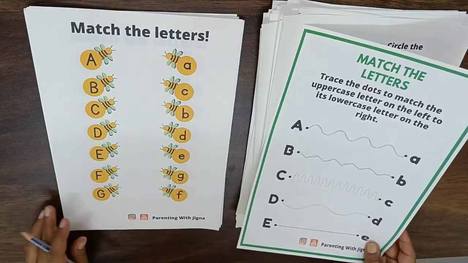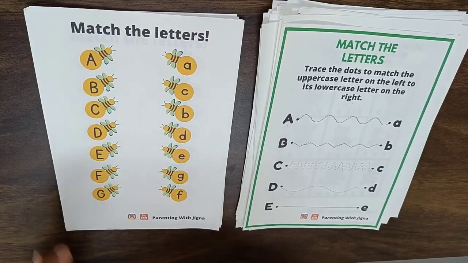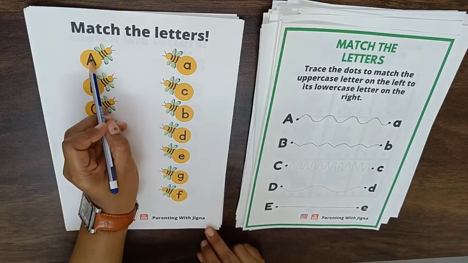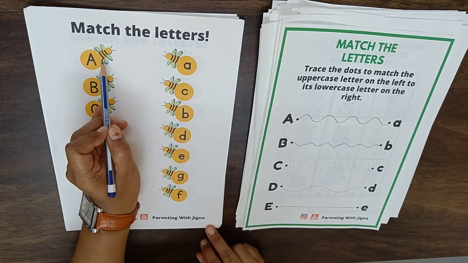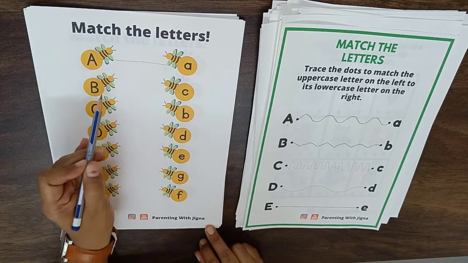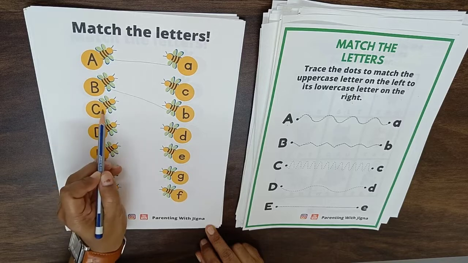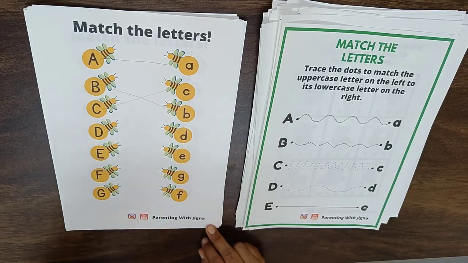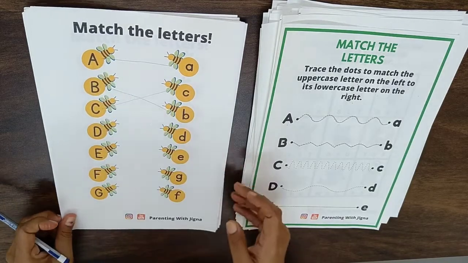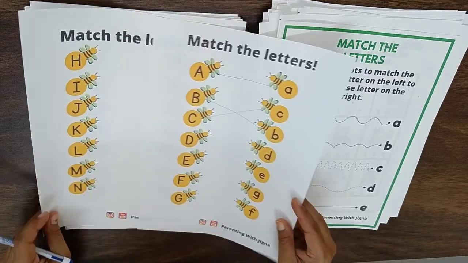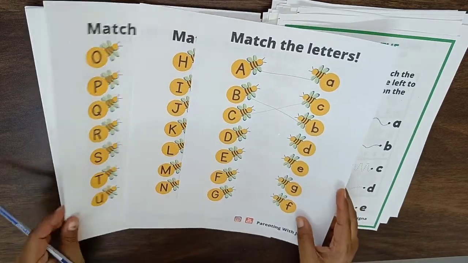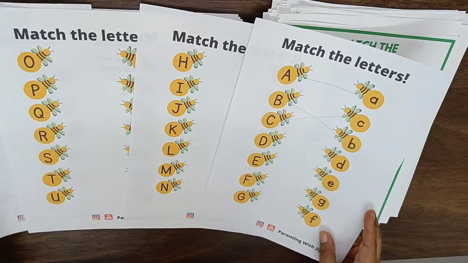Next, match the letter only, but in a different manner, like capital A, small a, uppercase to lowercase. Match it like this. They need to match. Here I have given from letter A to Z the entire worksheet so that you can practice them.